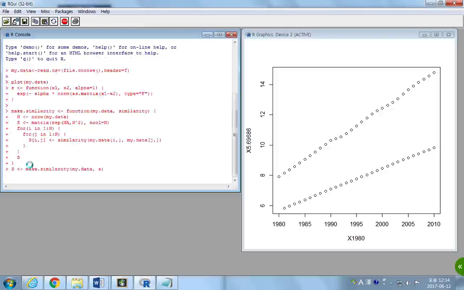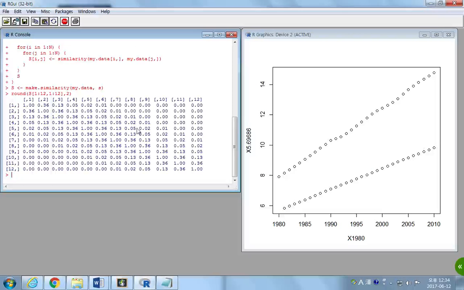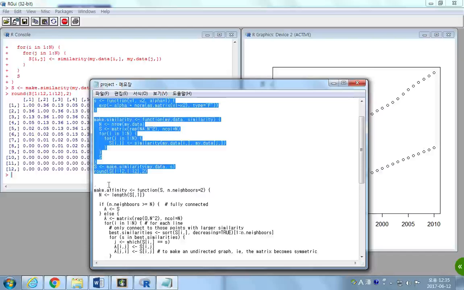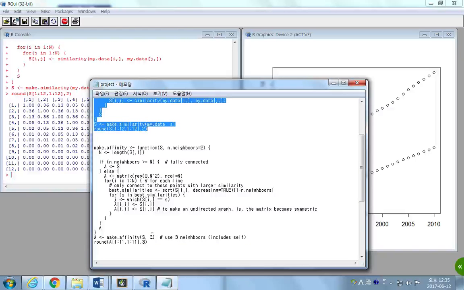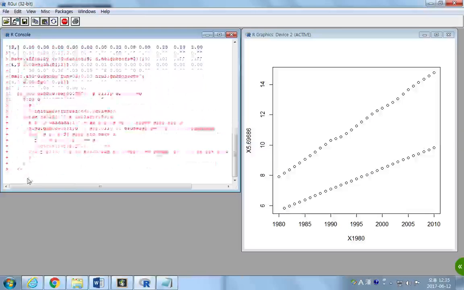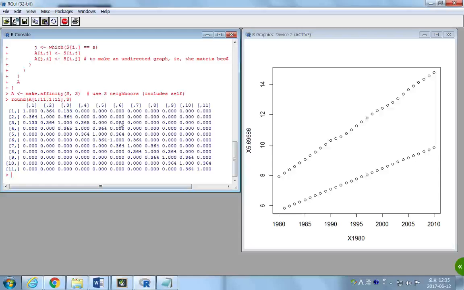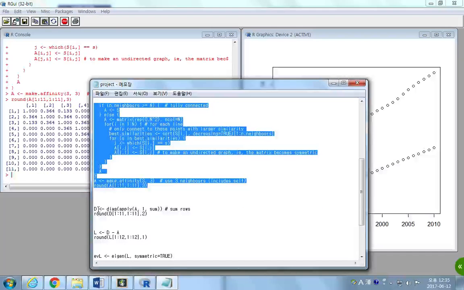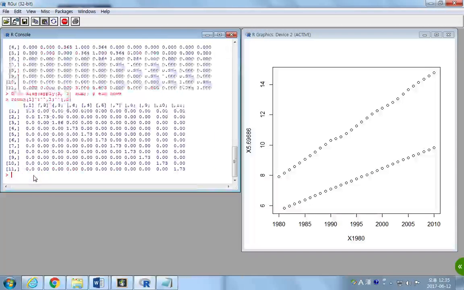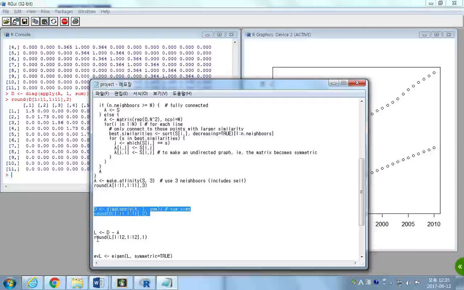This data. This is the similarity matrix. Next we use the 3 neighbor method for similarity. Then this similarity matrix is like this. Next the diagonal matrix and the Laplacian matrix.